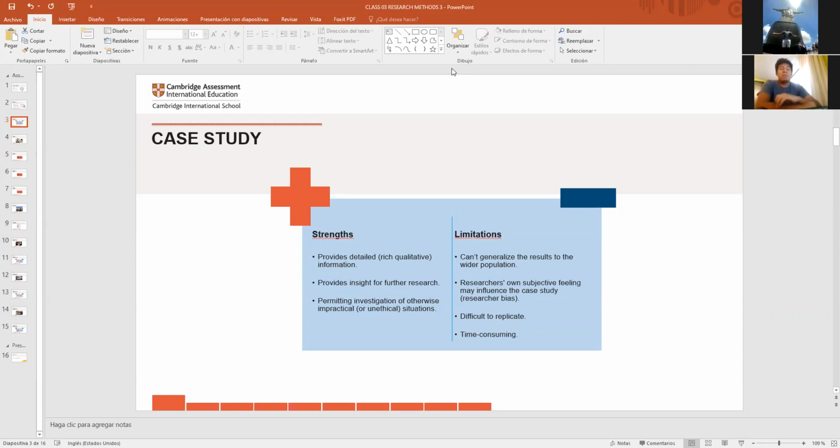And it's time consuming, of course, because you're spending your time in observation and having interviews. As an example, we have the Saavedra and Silverman button phobia study that we have studied before.